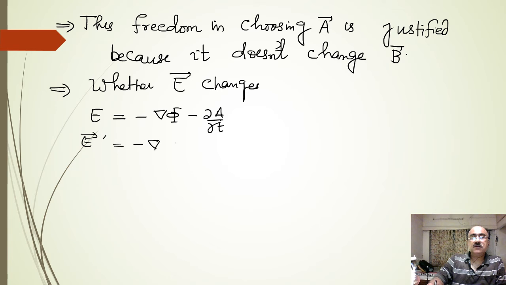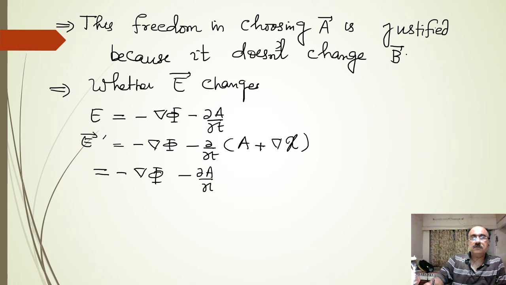Then it is minus gradient of phi minus del A upon del t, and A dash is A plus gradient of chi. So it comes out to be minus gradient of phi minus del A upon del t. Very good, the two terms are as they are. But then there is an additional term coming over here: minus del upon del t of gradient of chi.